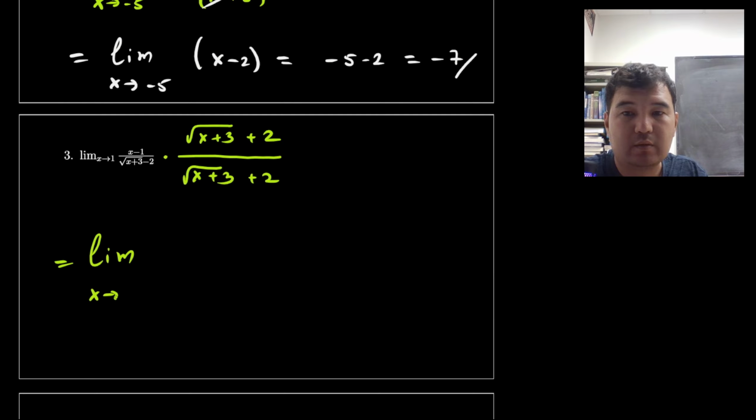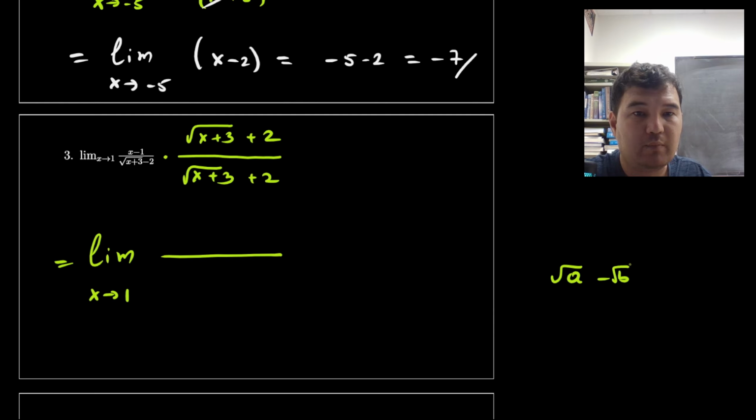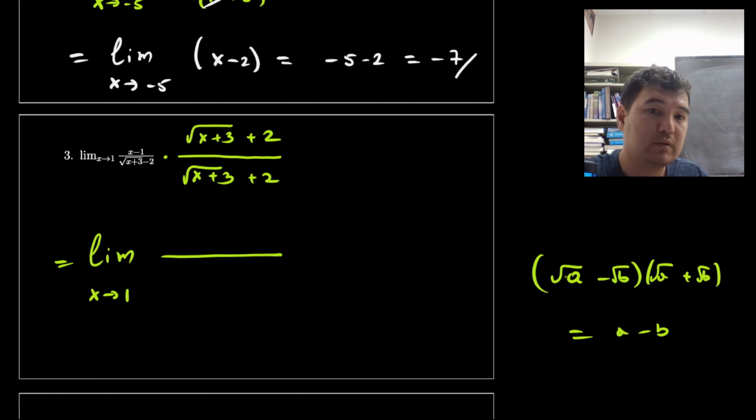Now when you multiply, as x goes to 1, the denominator of the expression will be, since we are multiplying by its conjugate, a number multiplied by its conjugate, which gives a squared minus b squared, or in other words, the square of the first number minus the square of the second number.